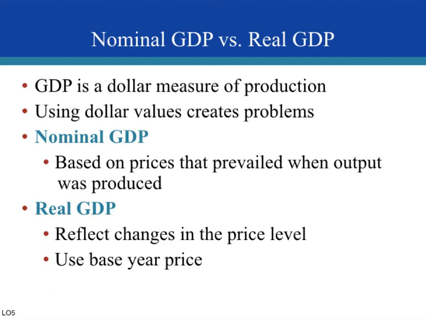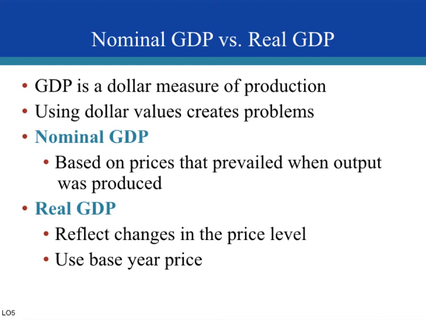And why is that a problem? Because when prices and quantity are changing at the same time, we don't really know how much of the growth is attributed to a change in quantity and how much of it is attributed to just prices changing, and essentially inflation. If prices are going up, that's inflation.